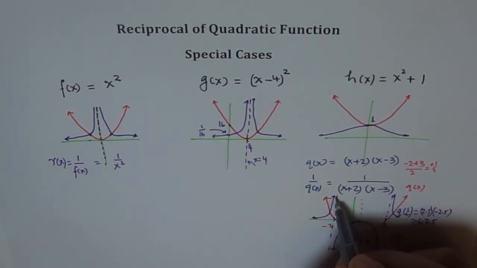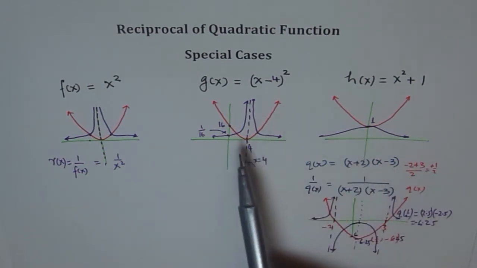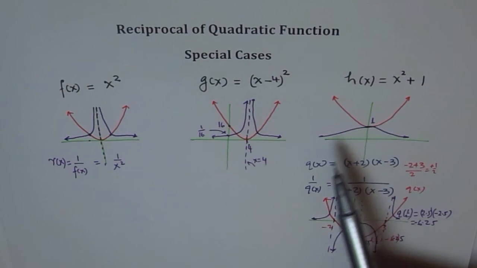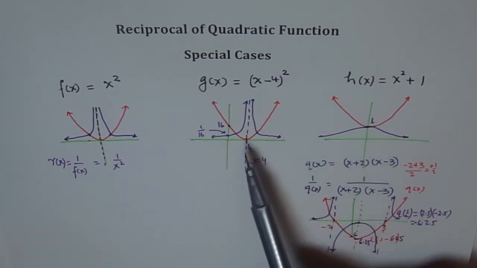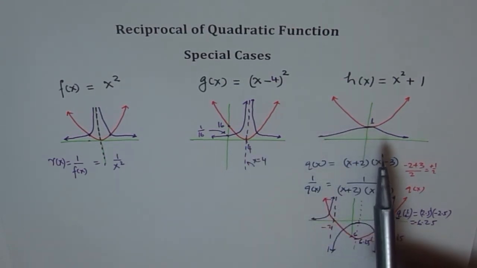So generally, you have a reciprocal of a quadratic function in this form with two vertical asymptotes, right? But these are special cases where you have one vertical asymptote or no vertical asymptote, right? That's why I'm calling them special. Do you agree with me? Correct.